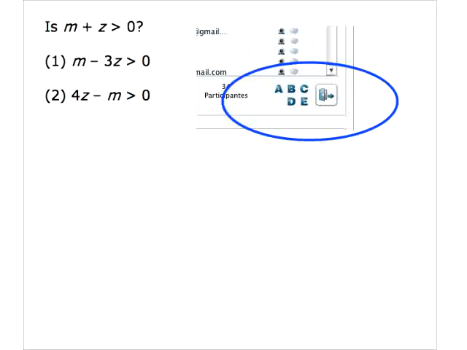Remember, it's a yes-no question. So your goal here, as in other such questions, is to try to get a yes and a no. Let's see if we can make that positive and then also make it not positive.